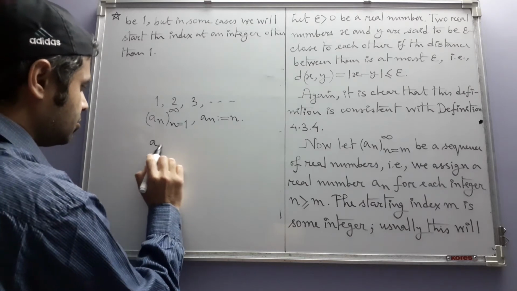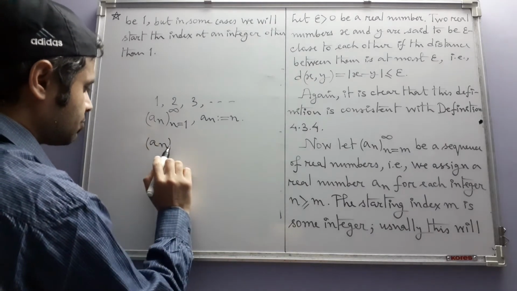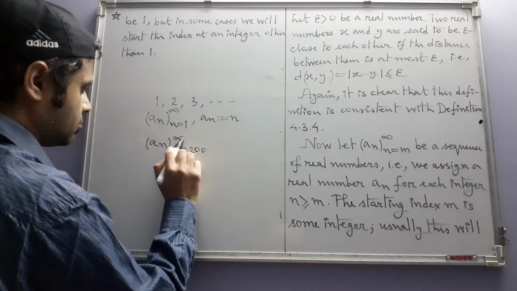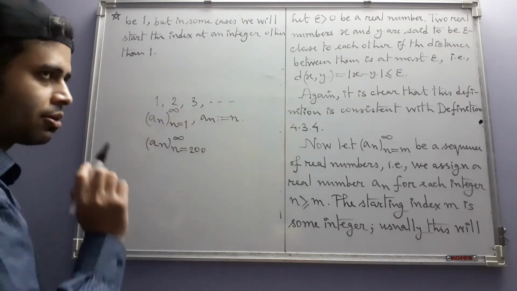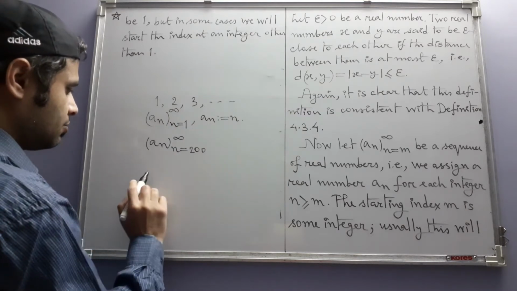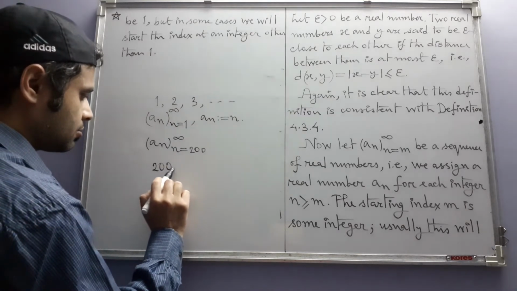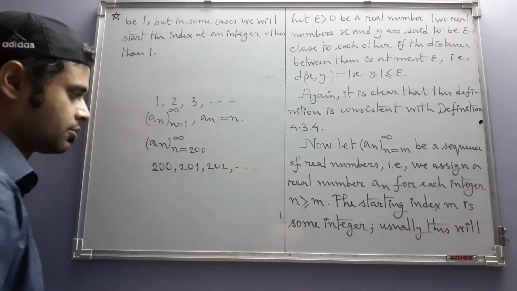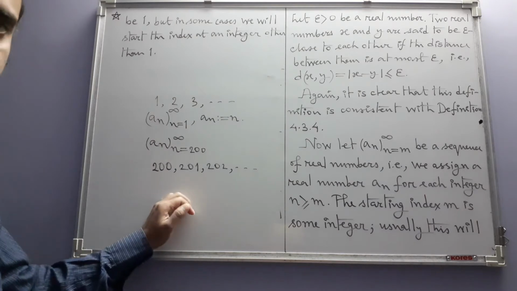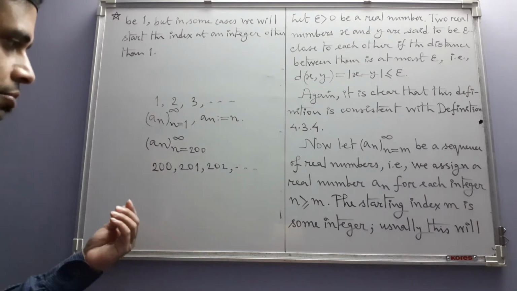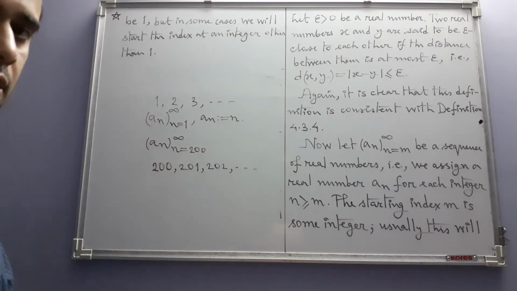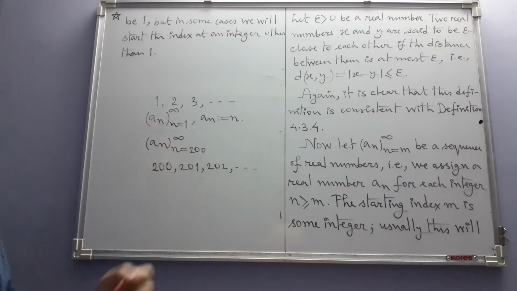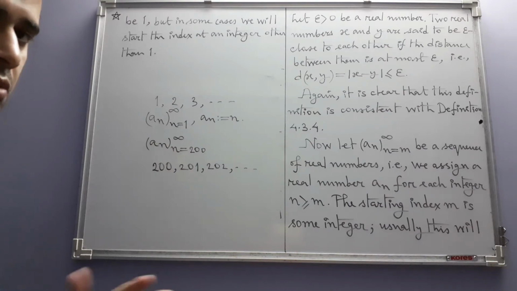However, if you choose to start the sequence from say 200, then this will not be the sequence. The sequence will now look like this. These are different sequences, but we will see that when we get to the notion of convergence and limit of a sequence, it will not really matter where we start.